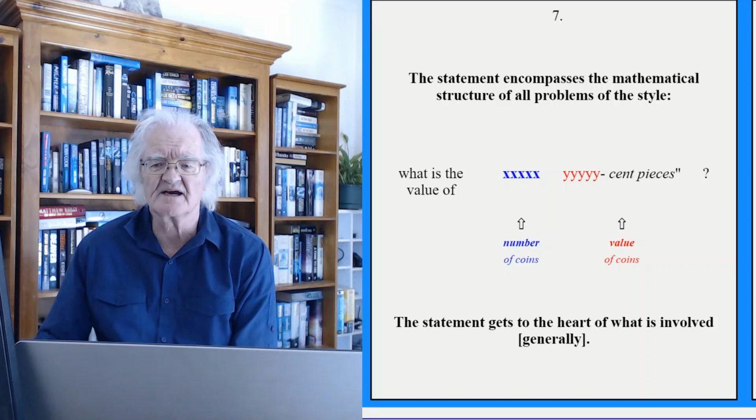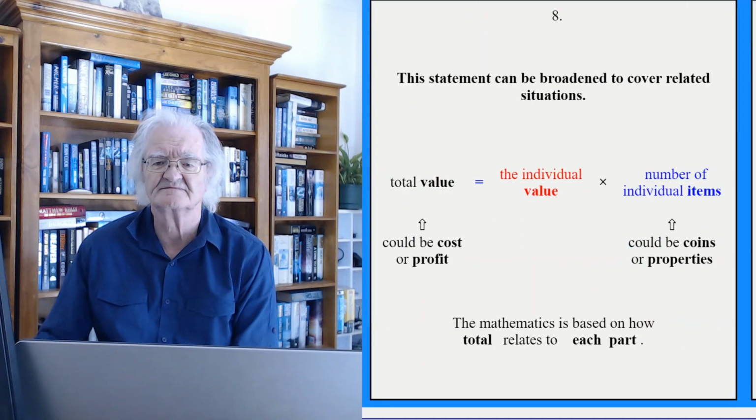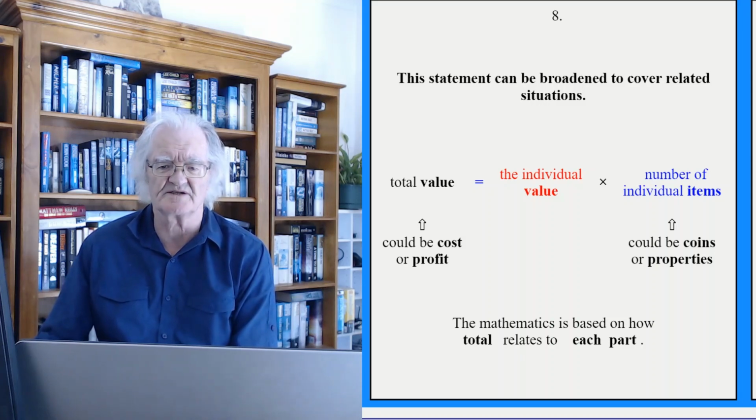The statement encompasses the mathematical structure of all problems of the style, what is the value of this number of items which each have this value. The statement gets to the heart of what's involved generally. This statement can be broadened to cover related situations.